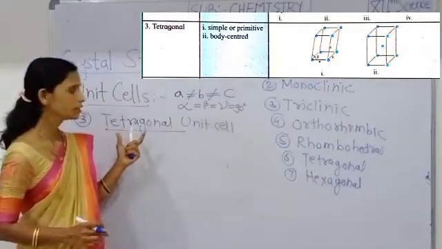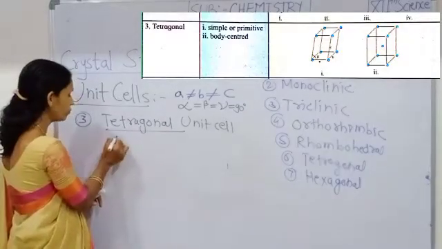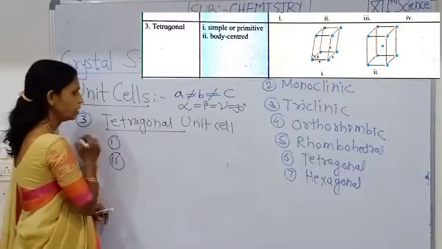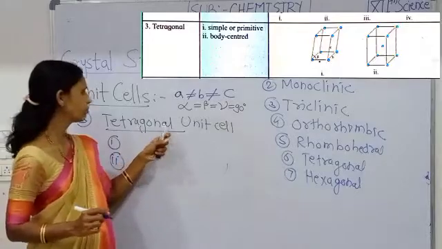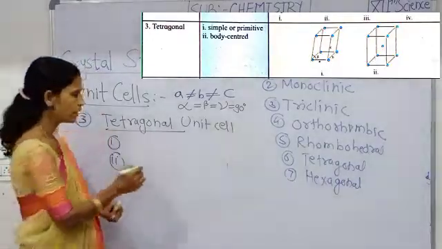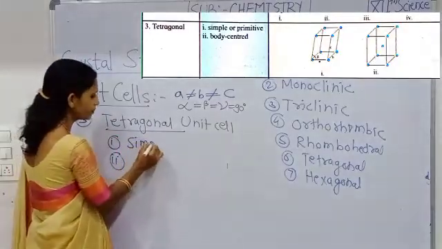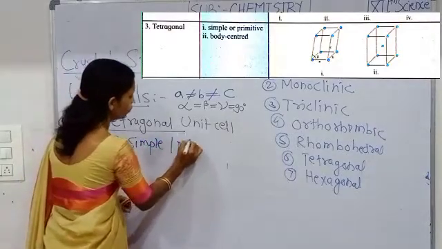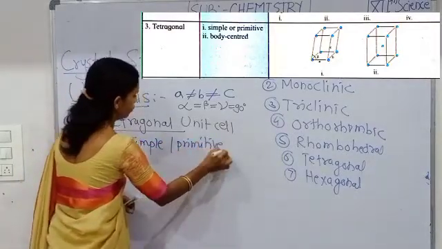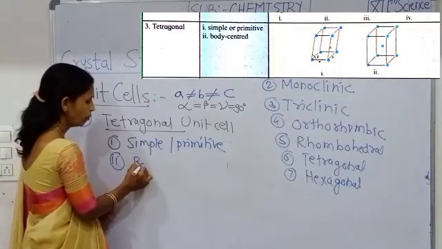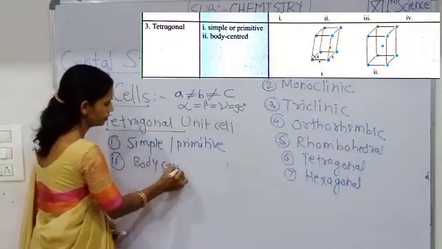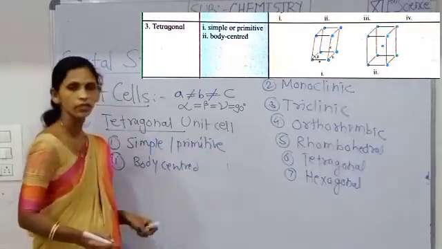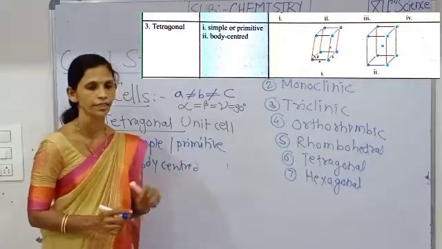Then there are 2 subtypes of tetragonal unit cell, that is simple or primitive, as well as body centered unit cell.